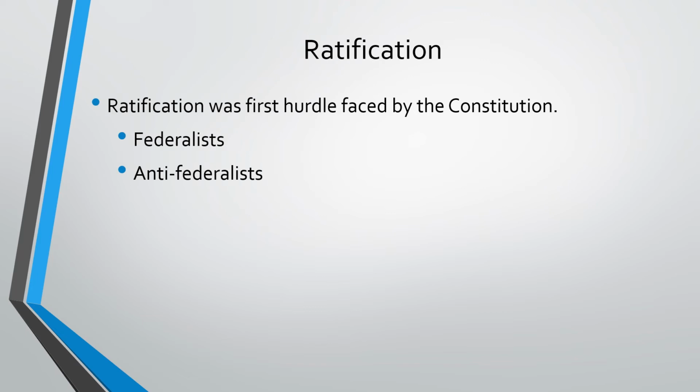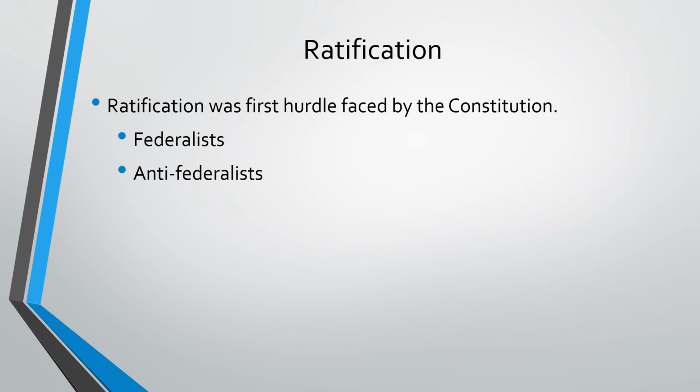We are trying to stay away from that monarch, king, very strong central government that would be concerned only for the central government and not the people, right? So the anti-federalists also wrote papers in opposition to the new Constitution, and their lead writer was Robert Yates.